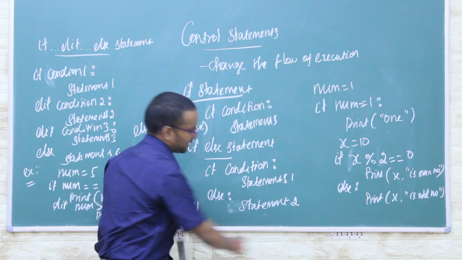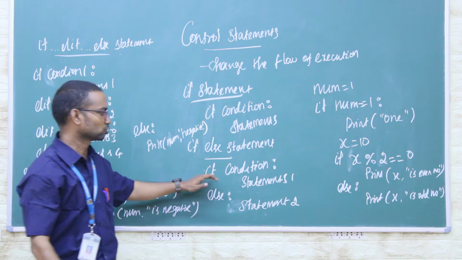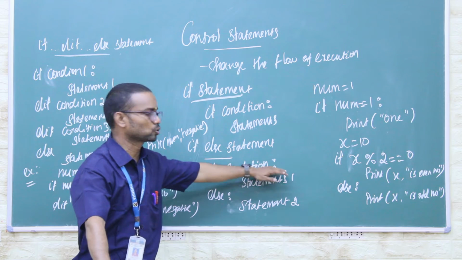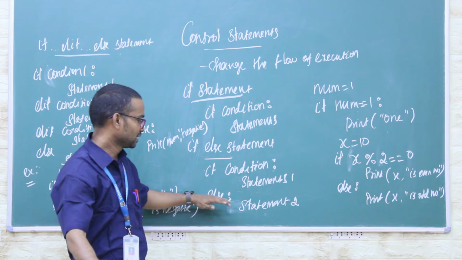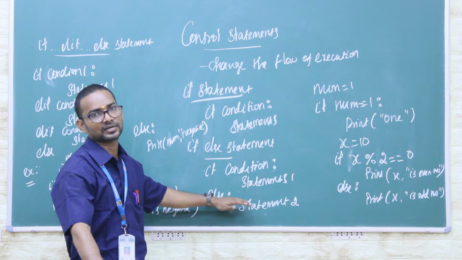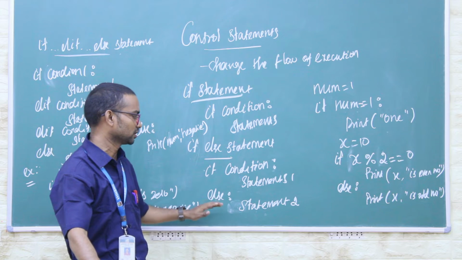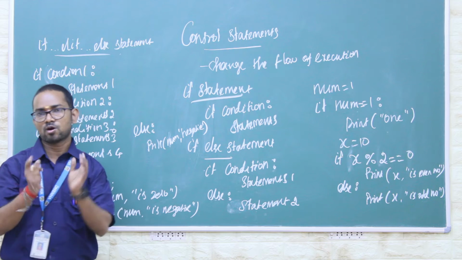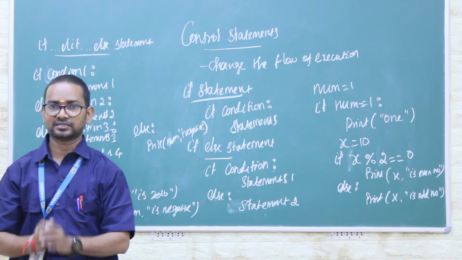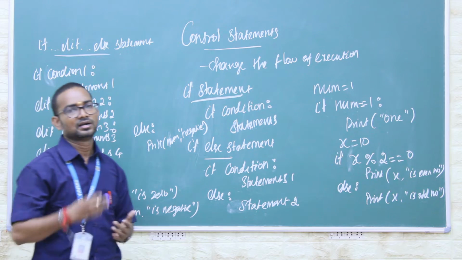This is the syntax for an if-else statement: if condition, colon, which is very important. Similarly, for else we must also use a colon. This doesn't use opening and closing curly braces. In the Python language we don't use curly braces.